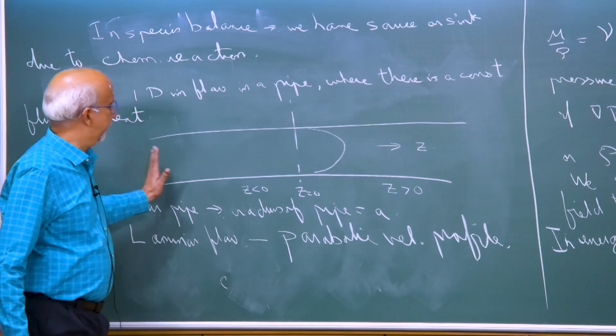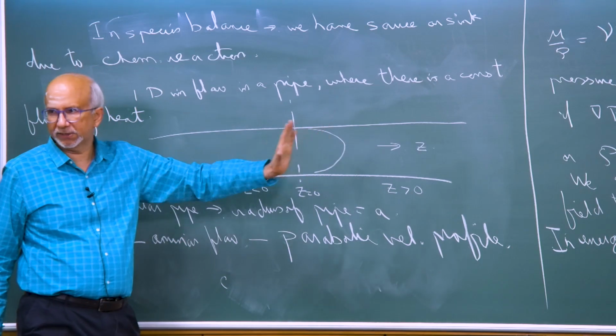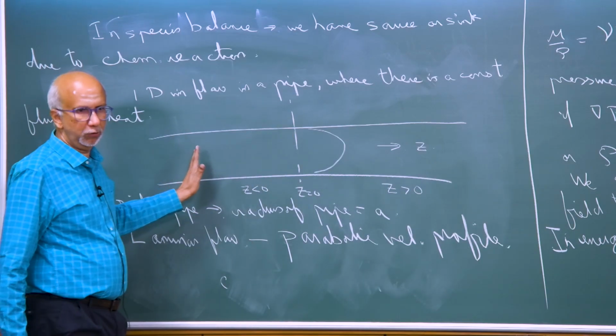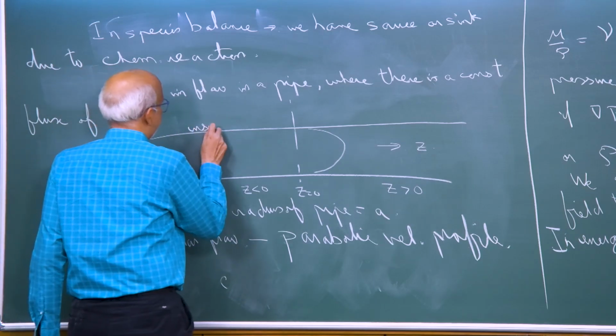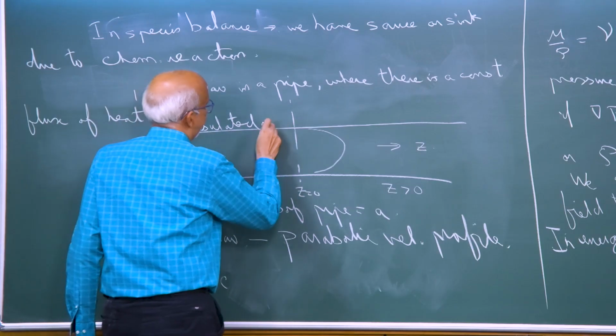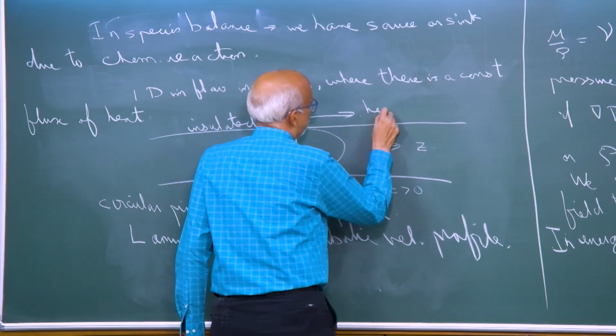So, my pipe starts from z equal to more than 0, that is the area of interest. To the left of z equal to 0, for z negative, I am saying my pipe is insulated. So this portion is insulated, okay, and in this portion there is constant heat flux.